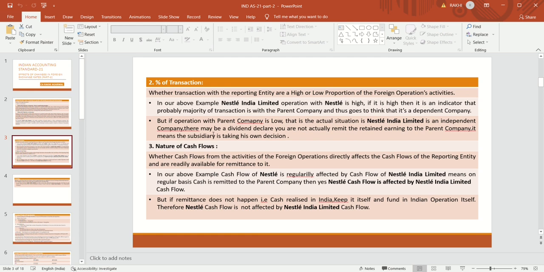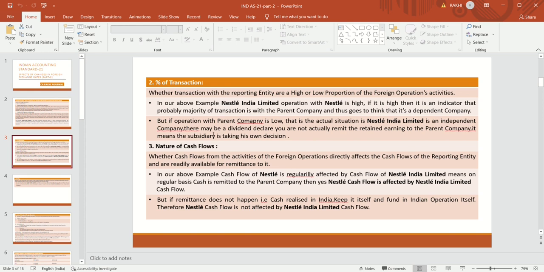If the percentage of transactions is high, meaning they are doing day-to-day transactions on a very regular basis, then it is assumed that they are dependent on the parent company. And if the transactions with the parent company are low, then it is assumed that they are an independent company.